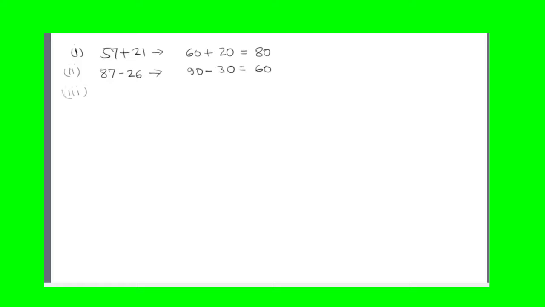Our third example is 728 plus 597. So we round these to the nearest 100. 728 becomes 700 plus 597 becomes 600. This gives us 1300.